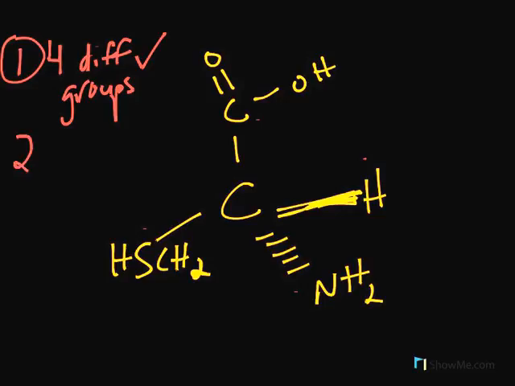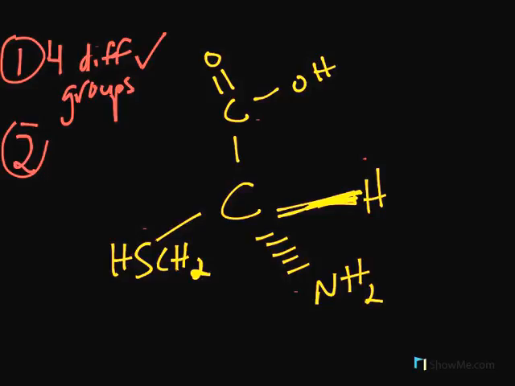Alright, so our second point here is that now we have to assign priorities. But before we do that, we need to figure out what the priorities are in decreasing order.